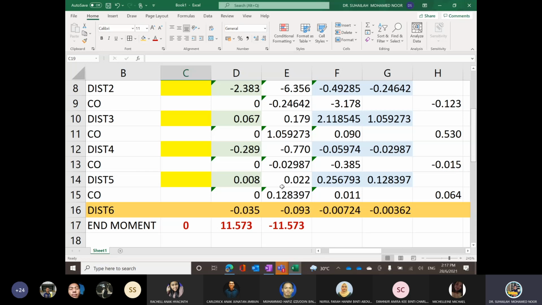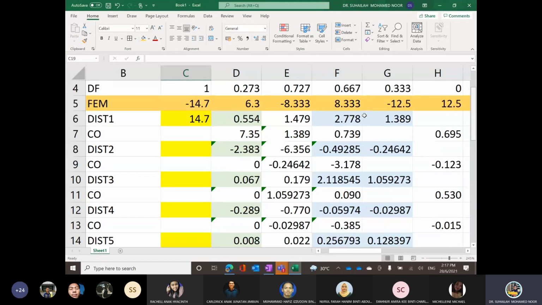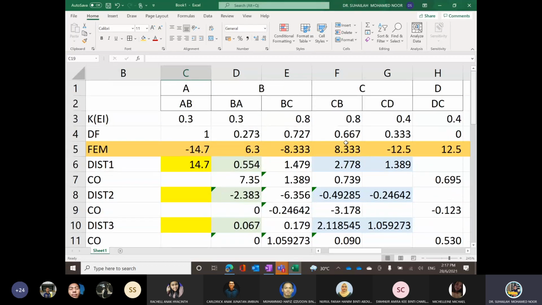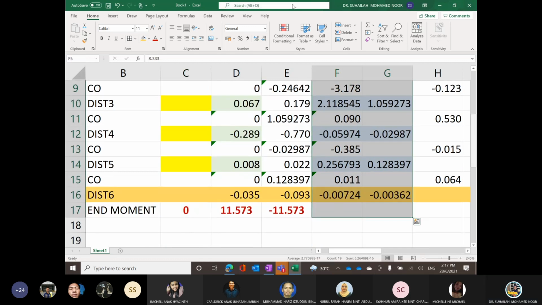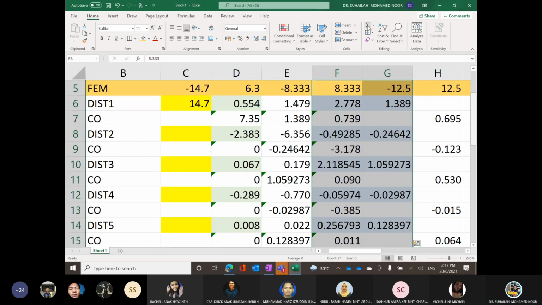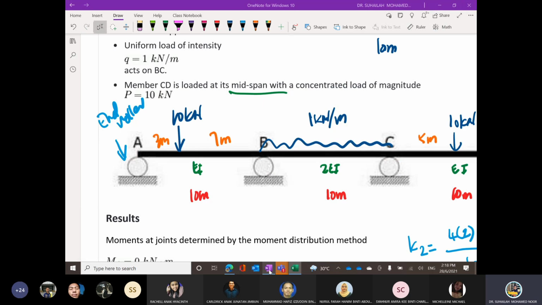Next MC, MCB plus MCD. Again, for MCB and MCD, we will get the same value in opposite condition. Okay, 10.203, 1 positive, 1 negative, representing this one.